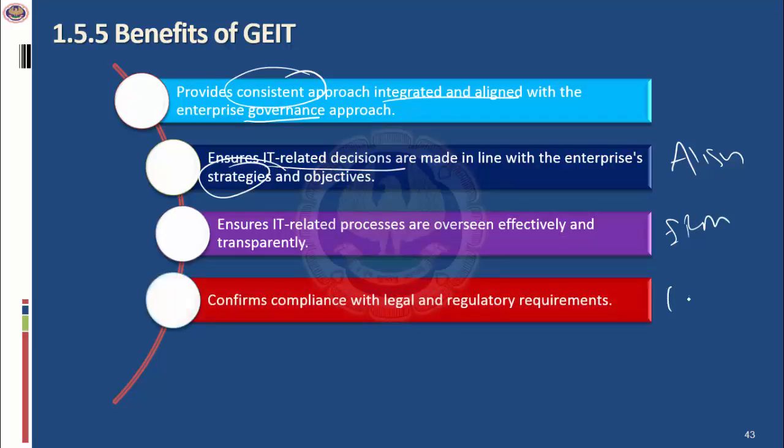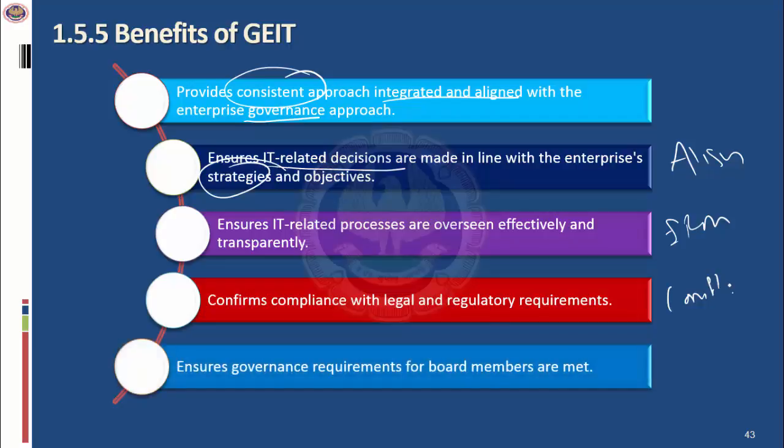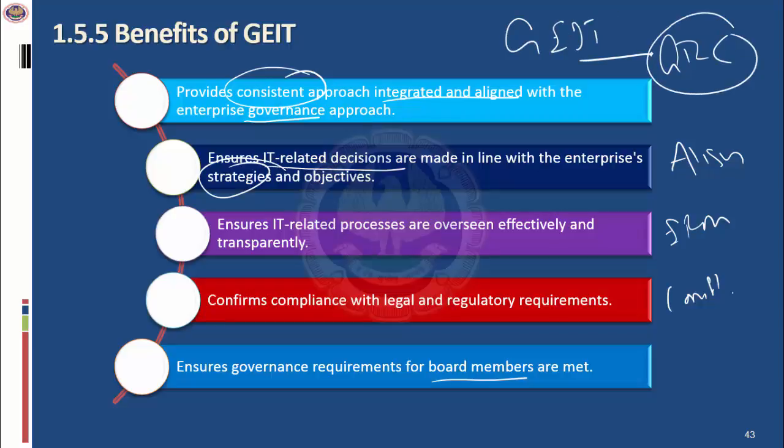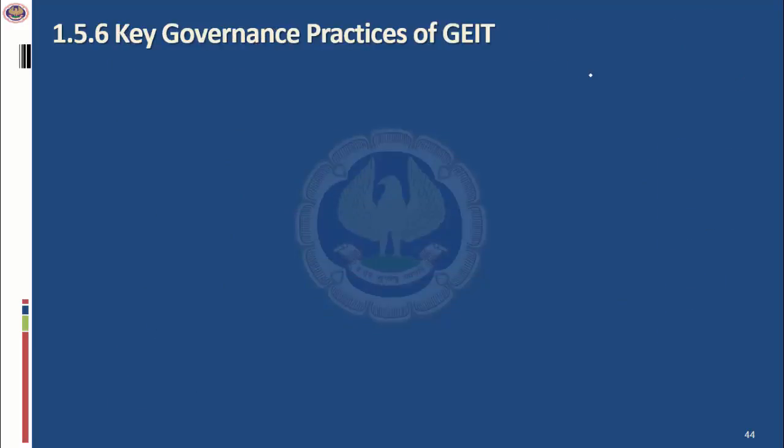You also ensure compliance, and you also have governance requirements, which the board members are aware of, and these are met. And that's why when you talk about GRC, GRC is fundamentally about GEIT. So you can achieve GRC by implementing governance of enterprise IT.